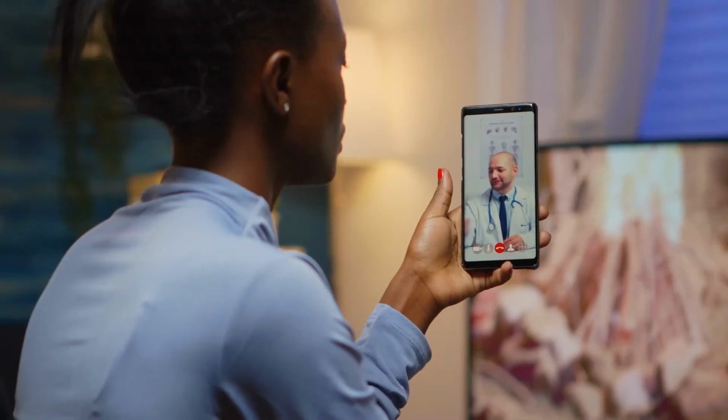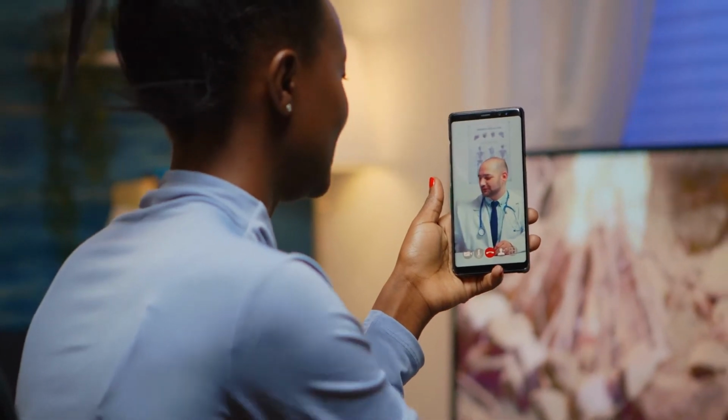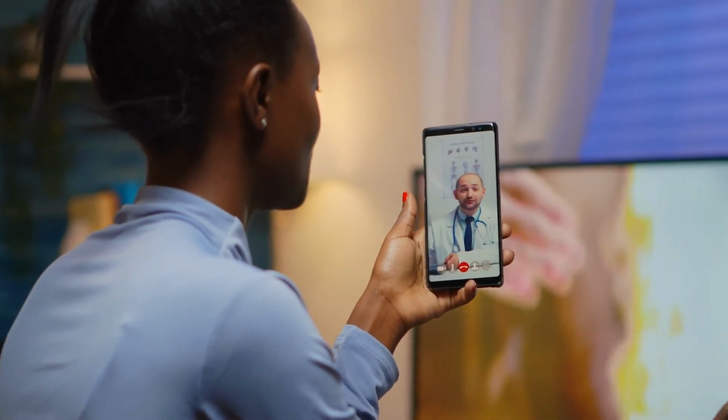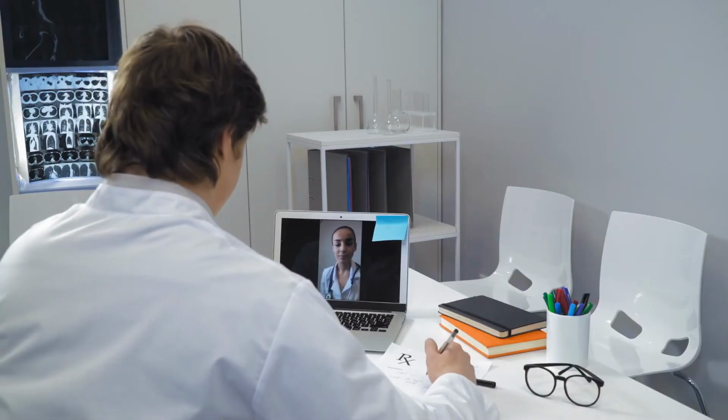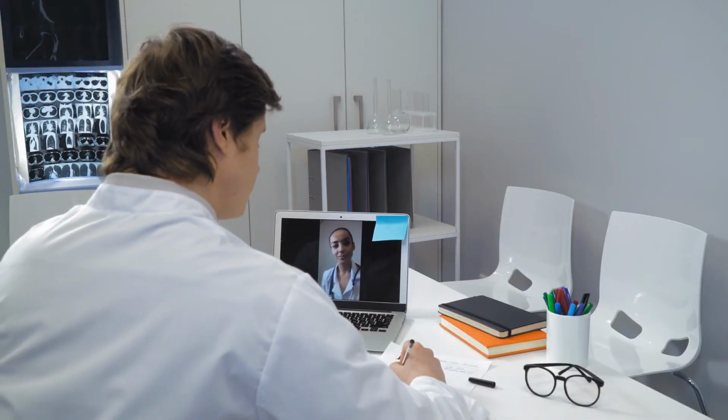Yeah, so we're using telemedicine for everything that we can now. We've learned so much from this pandemic about what the power of telemedicine is and how much, with good technology, we can do almost what we can do in the office setting, but the technology has to be there.